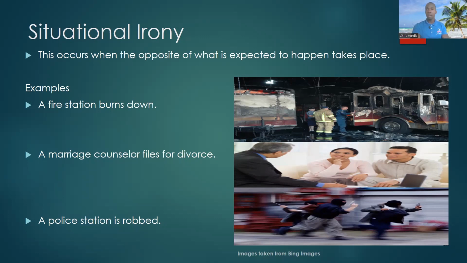So all of these are very good examples of irony. And as you see from the examples, this is very relatable because how often have we experienced something in our life that is totally different to what we would have expected?